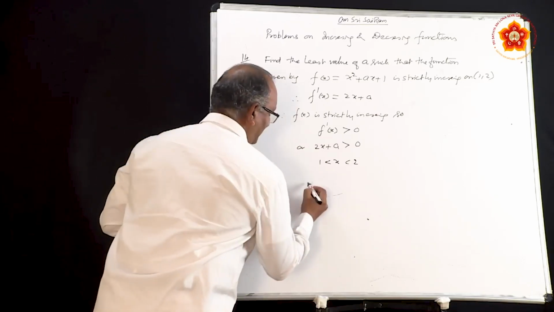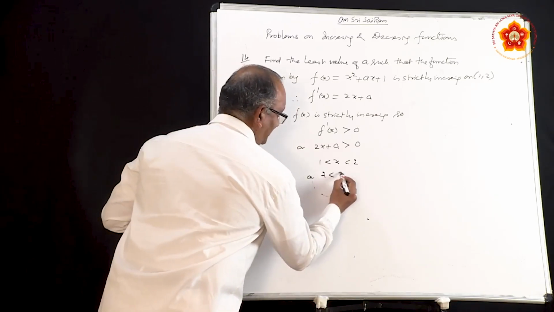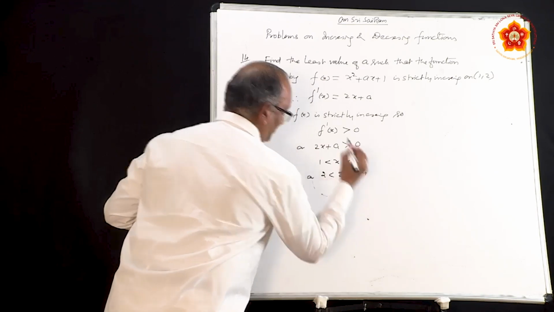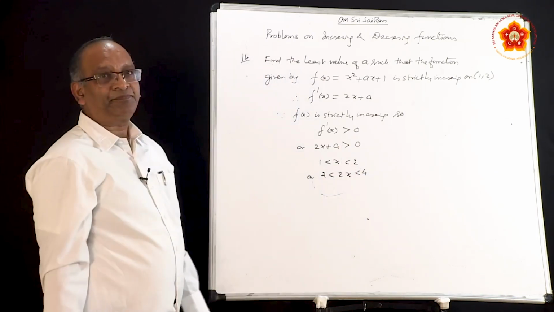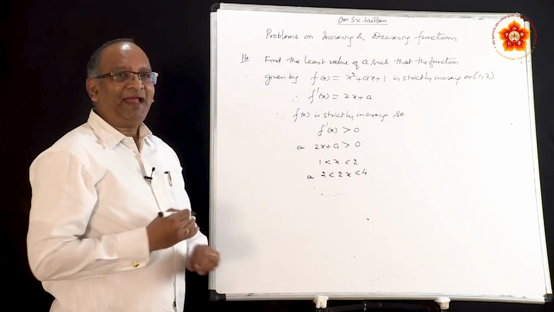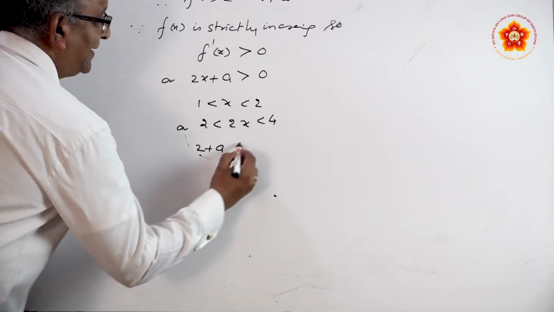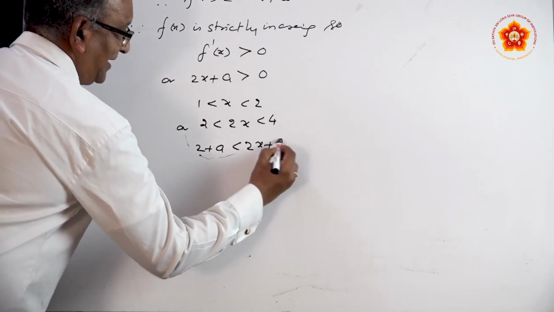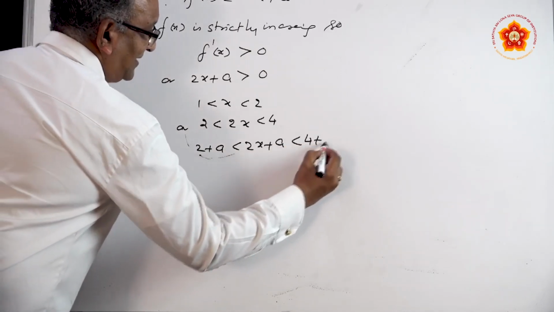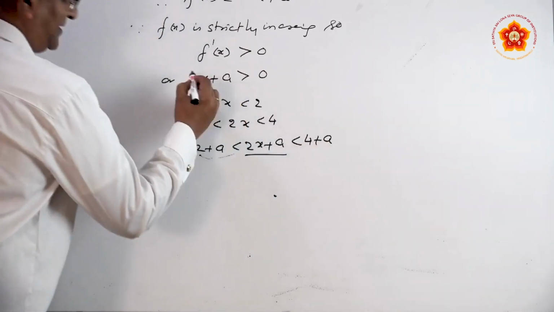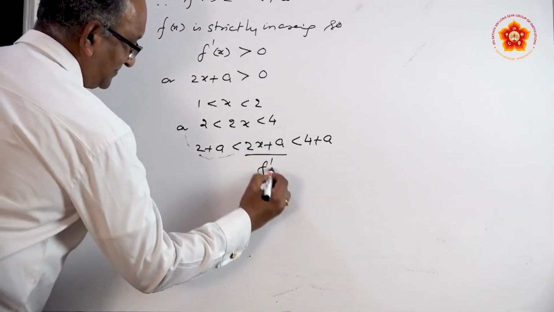So, what you will get? 2 is less than 2x is less than 4. Now, what you do? Add a to all. You will get 2 plus a is less than 2x plus a is less than 4 plus a. Remember, this 2x plus a is nothing but f dash x.